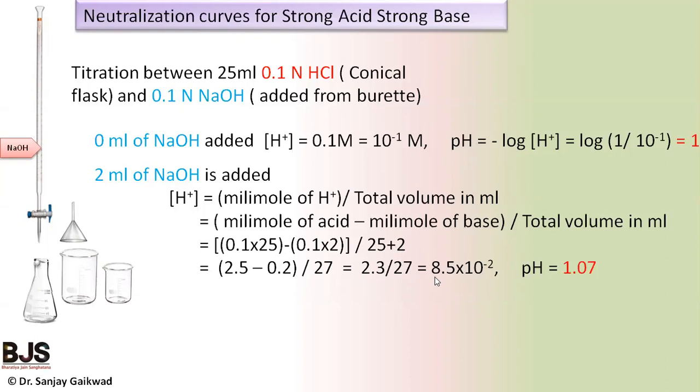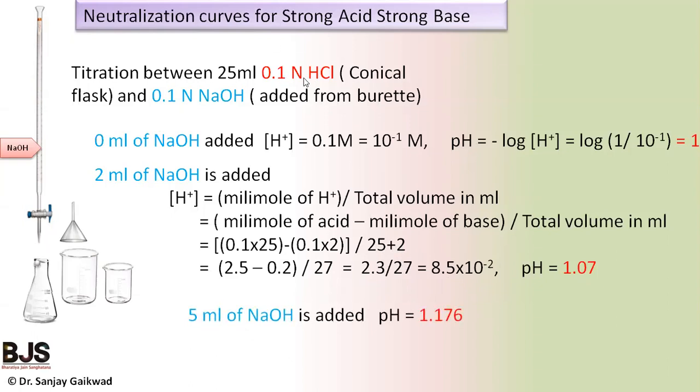This ratio becomes 8.5 into 10 raised to minus 2, and therefore the pH of the solution is equal to 1.07.